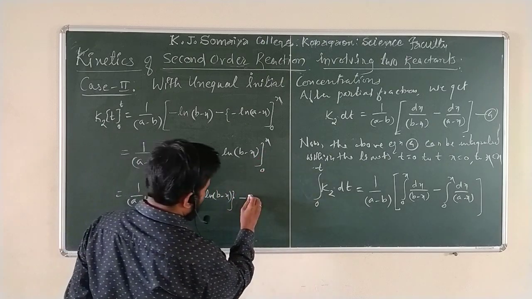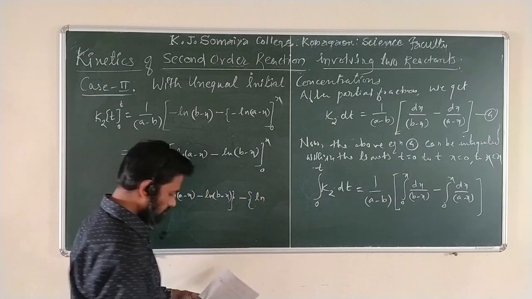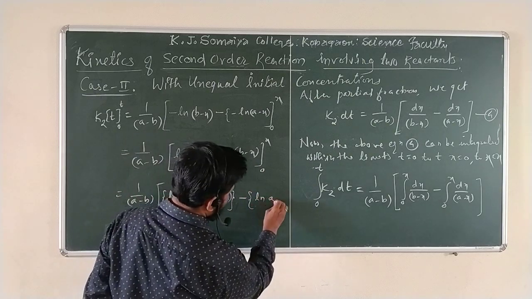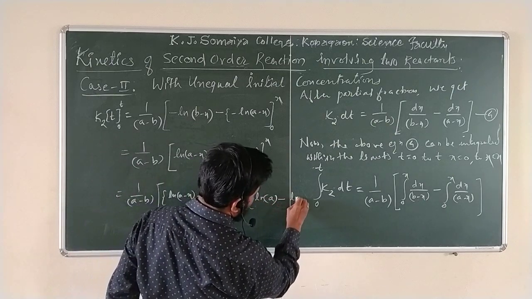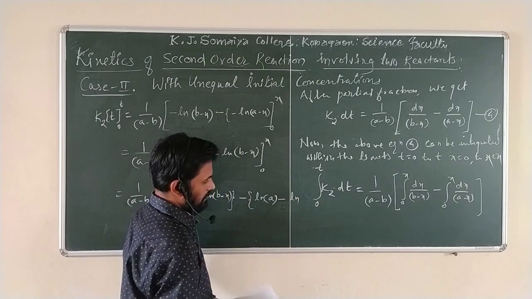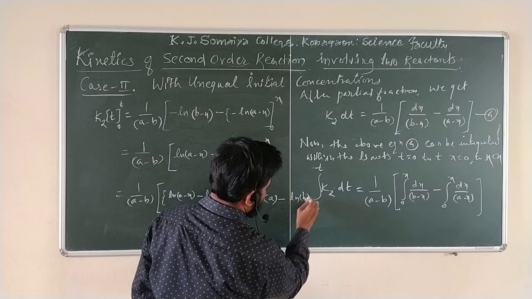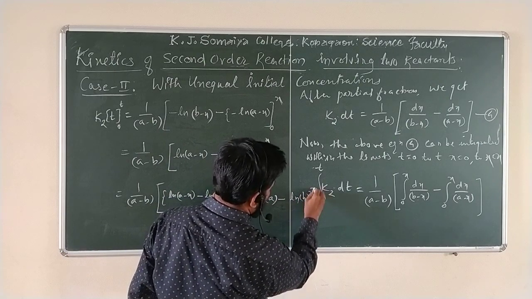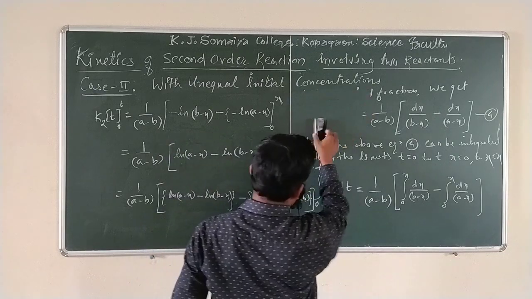What will you get after putting 0? ln a, because x becomes 0, minus ln b. I complete the square bracket. Okay, I hope you understand.